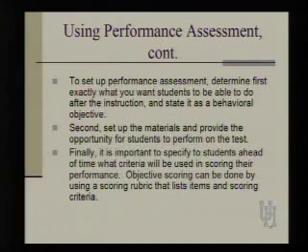And second of all, what kinds of materials will be necessary in order for them to perform this task? And of course, this will be different depending on whether it's a science activity or a social studies activity. If it's a science activity, it may be something that has to take place in the lab or has to involve chemicals or other hands-on science elements, test tubes and Bunsen burners and so on and so forth.